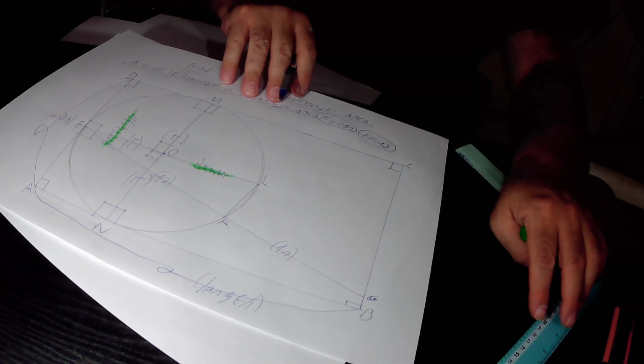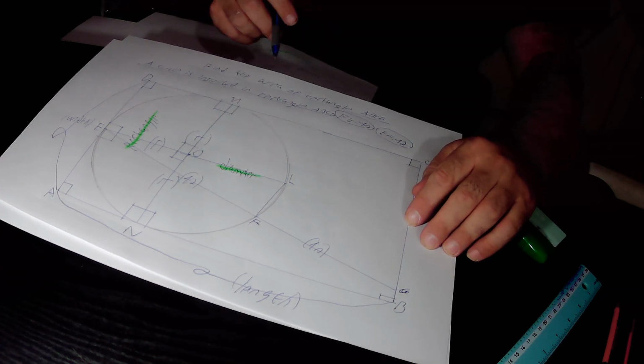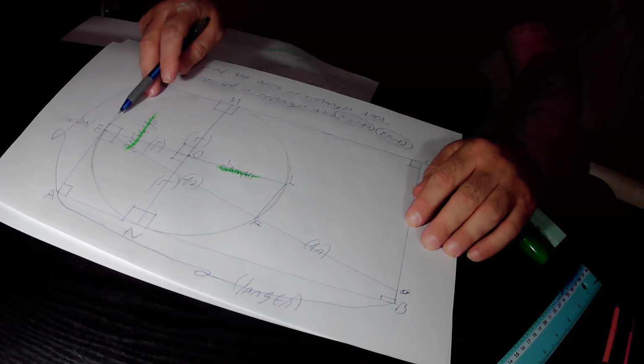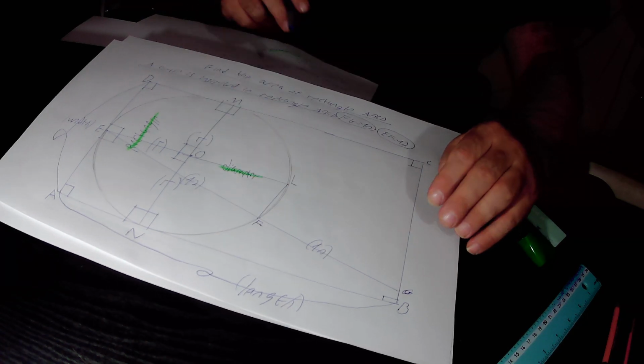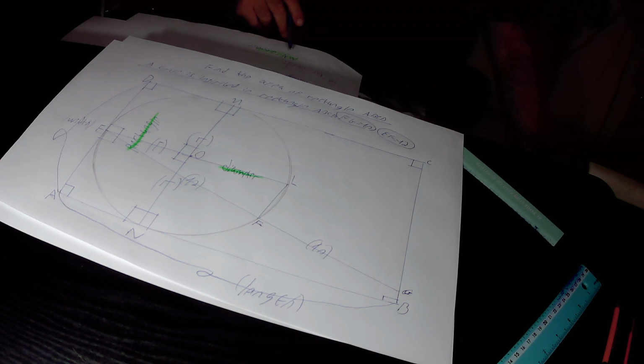This is peripheral angle EFL that subtends on EL, that is the diameter of the circle, and we know that any peripheral angle that subtends on the diameter of the circle must be equal to 90 degrees in its size according to rule 7.